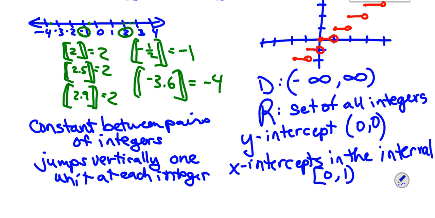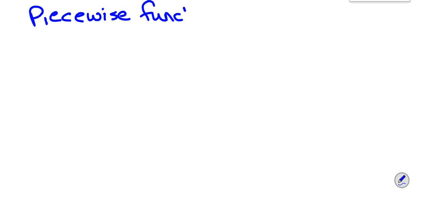And then I am going to put a piecewise function. A piecewise function doesn't really have a parent as such, so I'm not going to call it a parent, I'm just going to call it an example.